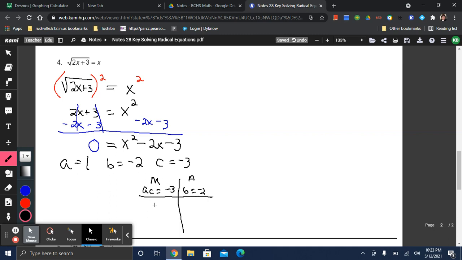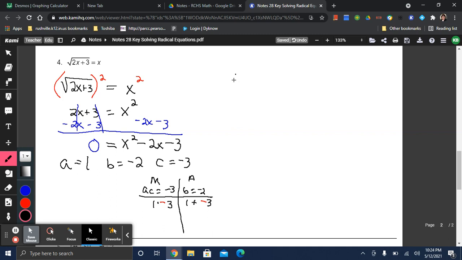So numbers that multiply to 3 would be 1 and 3. If we make the 3 negative, then we'll have the right signs when we add them up. So 1 plus -3 will give us -2, and 1 times -3 will give us -3.